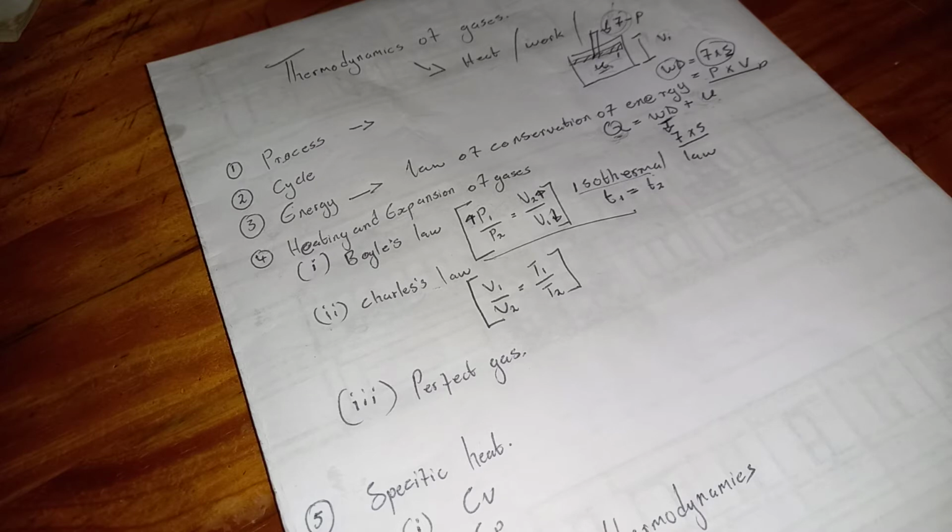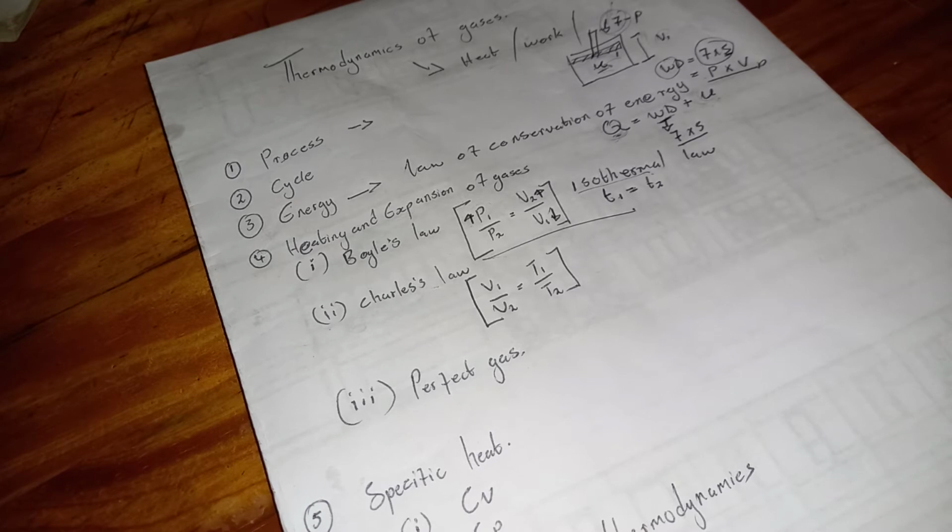And then when we go to Charles's law, this one states that during the change of state of any gas in which the mass and the pressure remain constant, the volume varies proportionally to the absolute temperature.